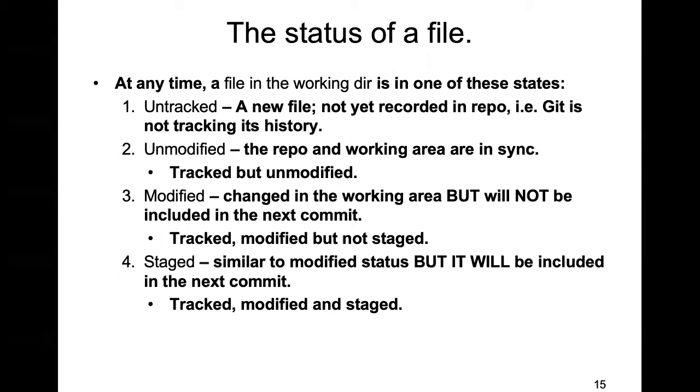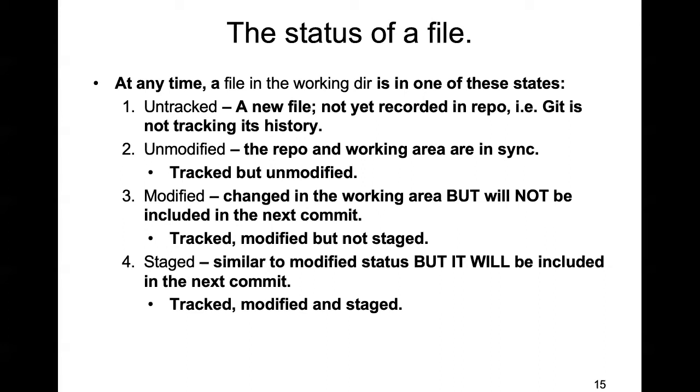And when I'm talking about the status of a file now, I'm talking about the status of a file in your working directory, and it's Git's understanding of the status of a file. This is all relative to Git. So from Git's point of view, a file in your working directory could be in any one of these 4 states, and it will actually be able to report that to you. So let's talk about them briefly.